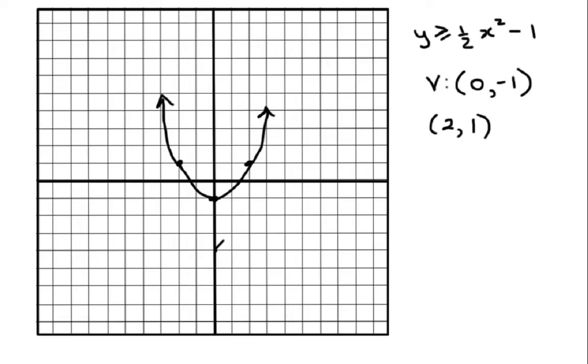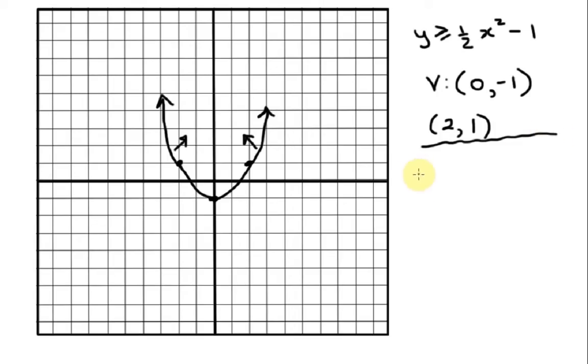Well, this says y greater than. Greater than means we want the y values to be above. Greater than means they should be above the graph. So we would shade, I'm just going to mark it in a little bit, this way. Okay, a couple little arrows like that tells me, yes, we would shade inside this parabola. Okay, so that's one of my graphs done.